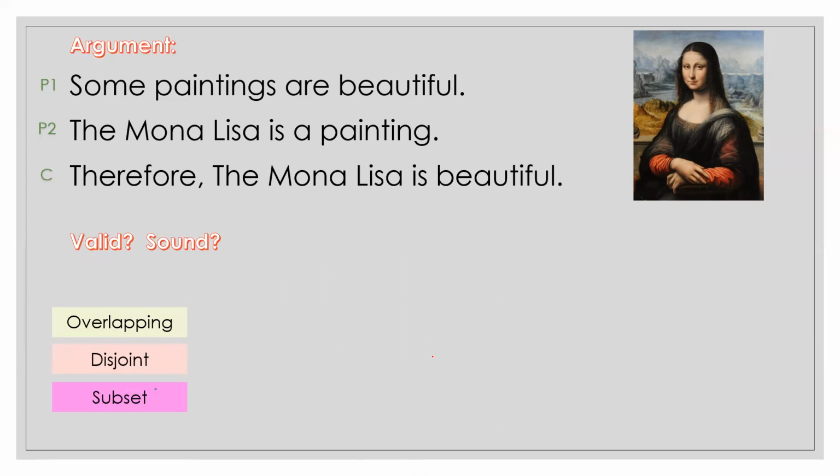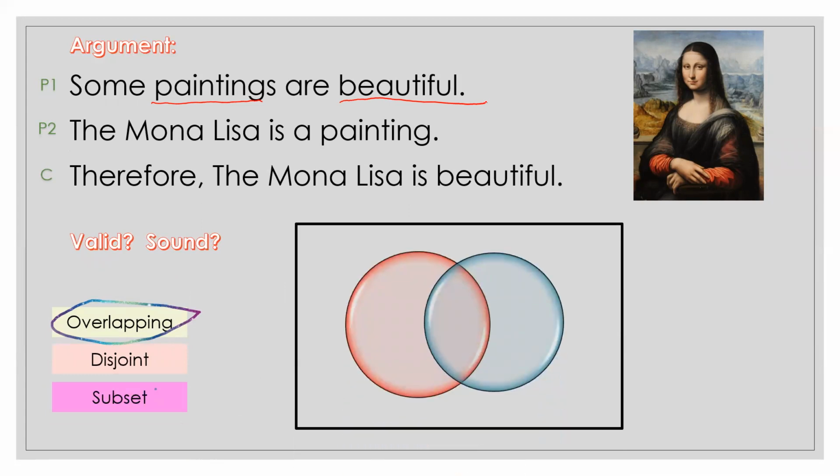Okay, pause the video and draw your Venn diagram. Your two sets would be paintings and beautiful things. So what do we say? Yes, it's overlapping, where one set would be paintings and the other would be beautiful things.